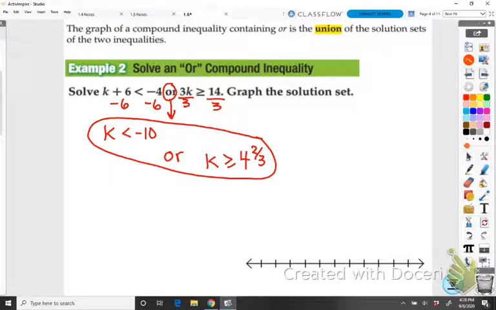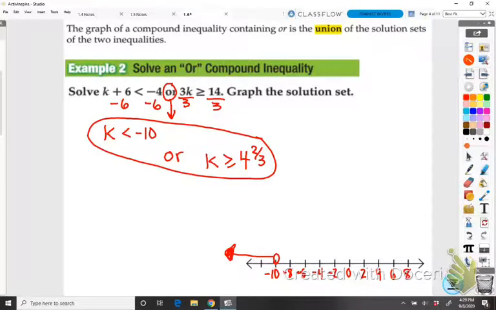So we're going to have negative 10 over here, negative 8, negative 6, we'll count by 2's, negative 4, negative 2, 0, 2, 4, 6, 8. The first one is going to have an open circle on negative 10, and it represents all the solutions that are smaller than it, so that's pointing to the left.